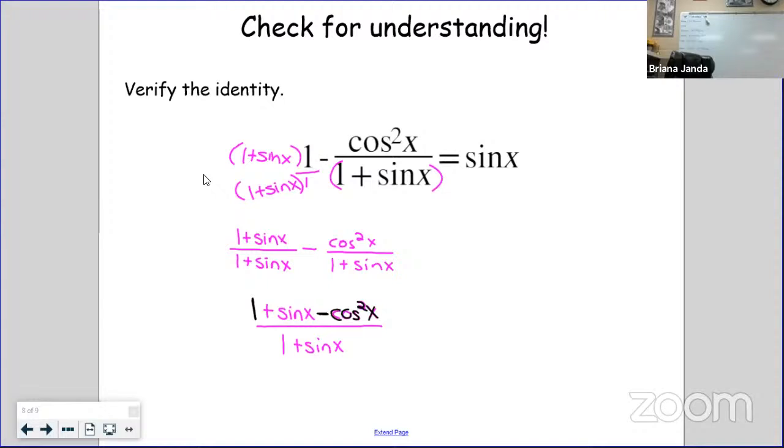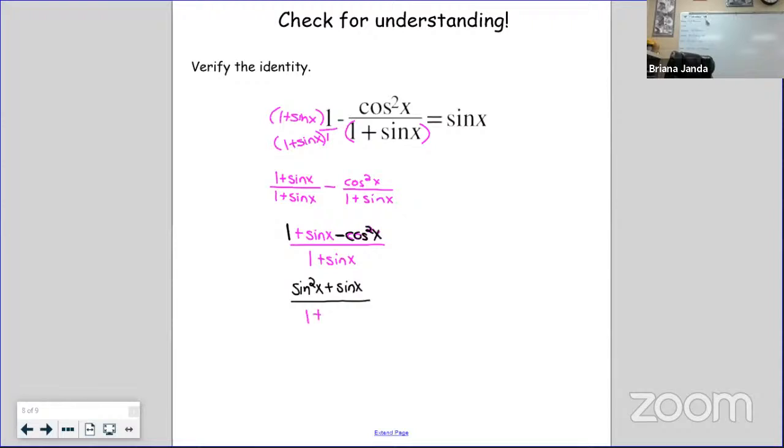Sine squared. I don't know where to go now. Seems to be a long ways from just a plain old sine of x.